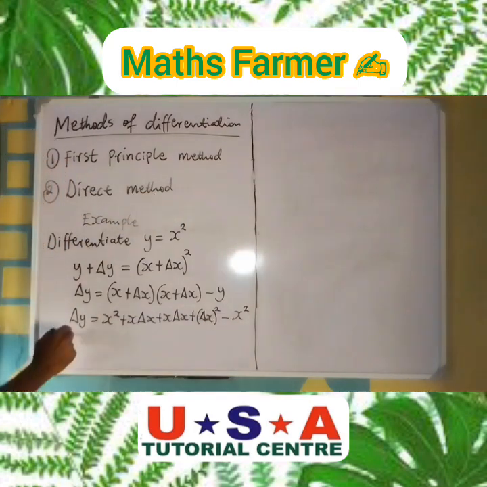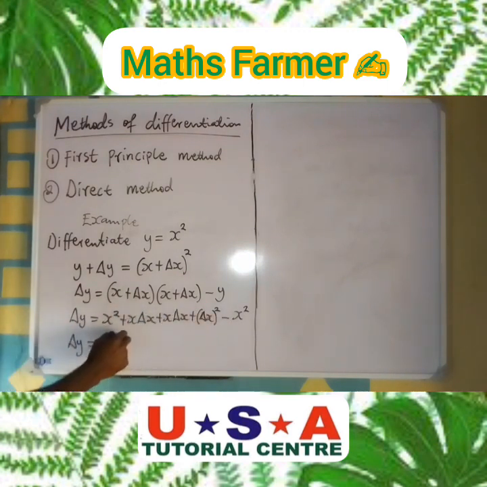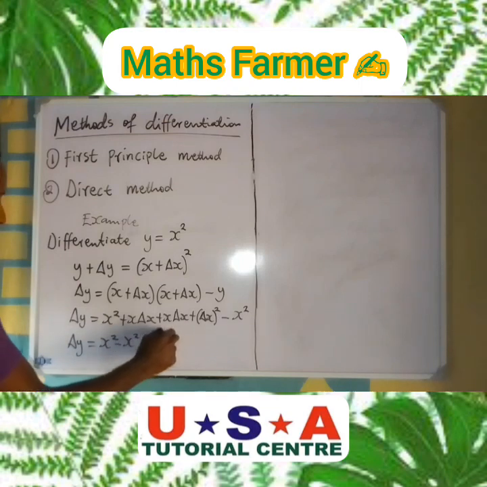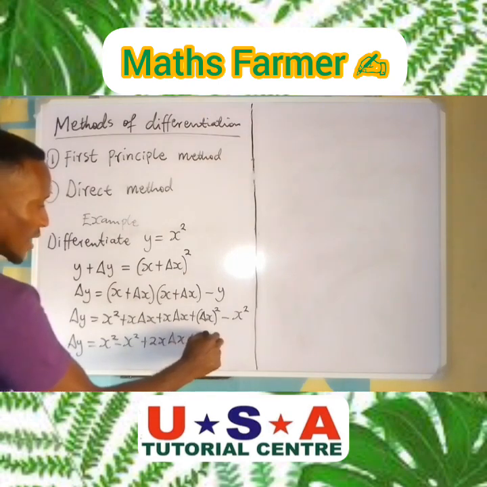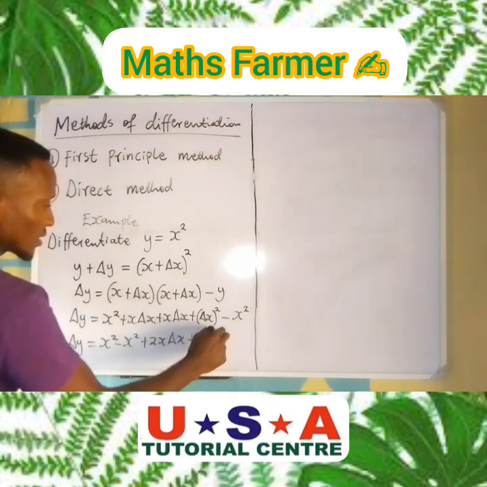So now, at this juncture, we have to collect like terms, those that resemble themselves. We have x squared here, and we have negative of it here. And this and this look alike. That means this plus this, we are going to have 2x delta x, then plus delta x squared.